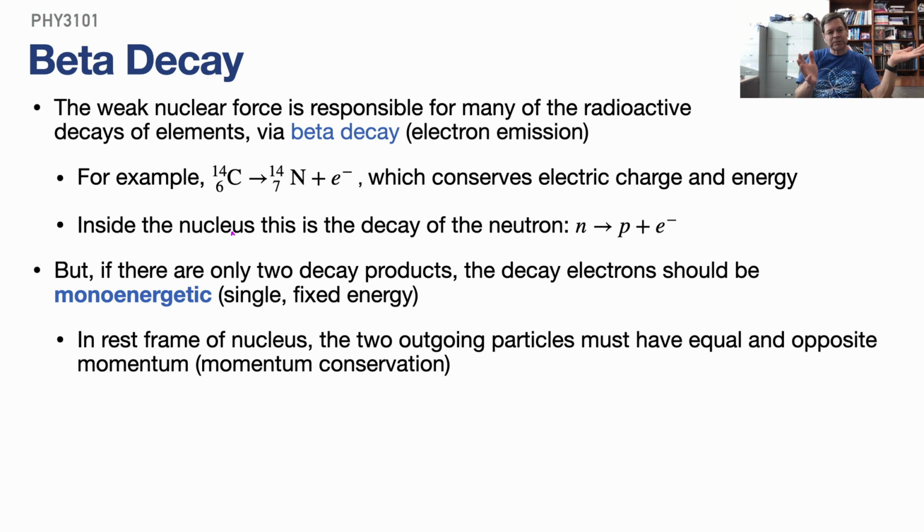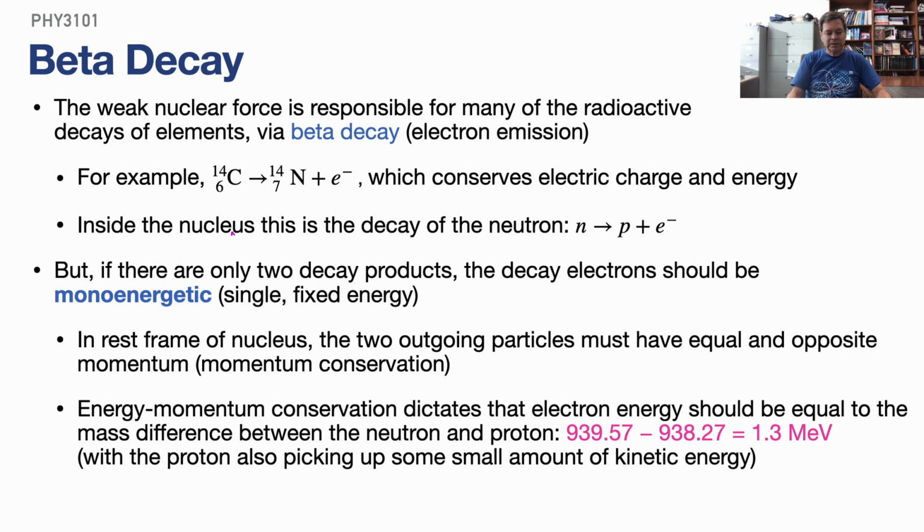Basically in the rest frame of the nucleus, the carbon-14 nucleus, when it decays, I must have two outgoing particles traveling in opposite directions which conserve the momentum. So they have to have equal and opposite momentum. Doesn't necessarily mean equal and opposite energy, but at least momentum has to be equal and opposite. And if you work it out and actually solve for the energy momentum conservation, you'll find that the electron energy should be equal to the mass difference between the neutron and the proton.